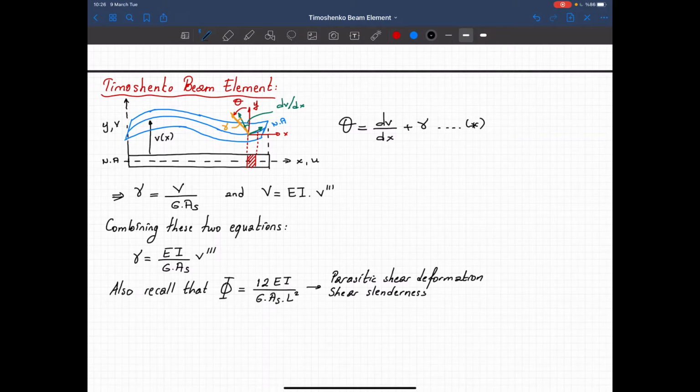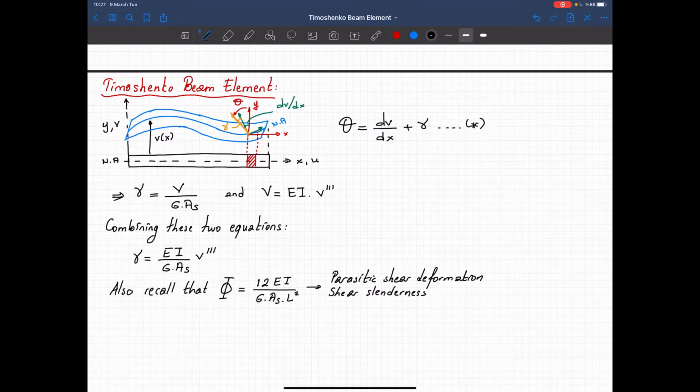If this value is large, then you will observe more shear deformation in your structure. Okay, the reason of using that parameter is if you take a look at your notes on the derivations of the beam element with the shear deformations, they are all represented in terms of parasitic shear deformation or shear slenderness, and I will use the same approach.